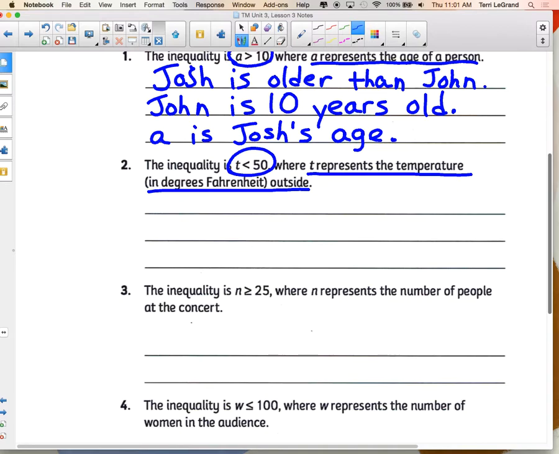I would not know which inequality statement to use. I would know which endpoint to use. I would know I need to use 50, and I would know that T is representing temperature, warmness, but I don't know which inequality symbol to use according to that. So we've got to somehow figure out what inequality symbol we would use.